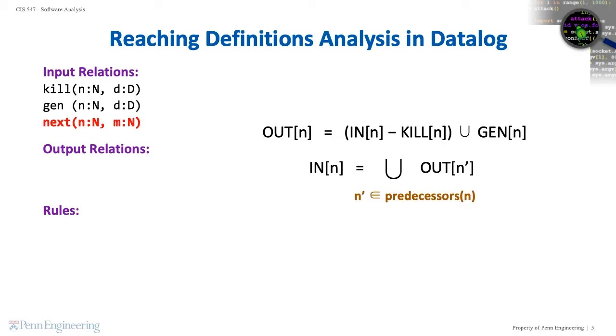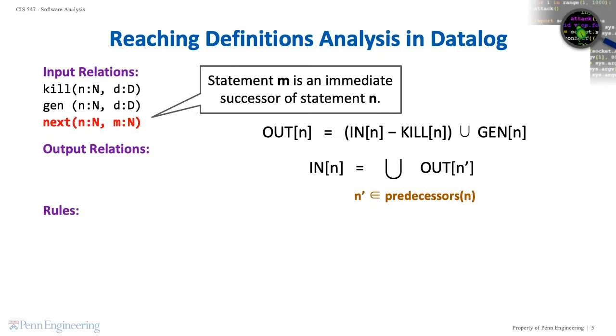And the relation next(n, m) to mean that program point m is an immediate successor of program point n, or equivalently, that program point n is an immediate predecessor of program point m. In these relations, capital N denotes the set of all program points, and capital D denotes the set of all definitions in the given control flow graph.